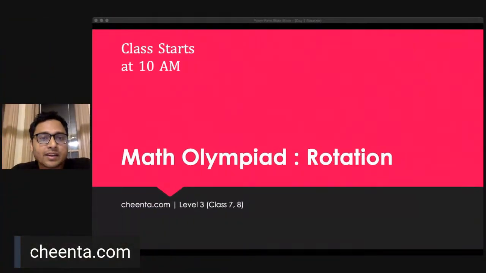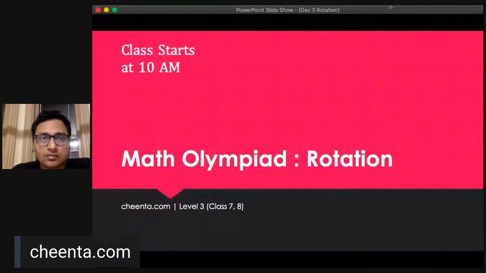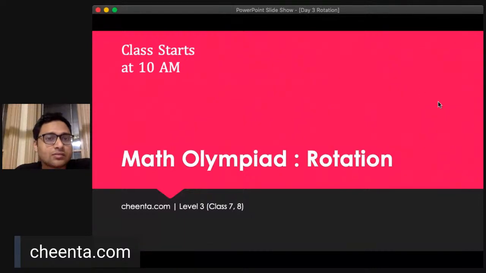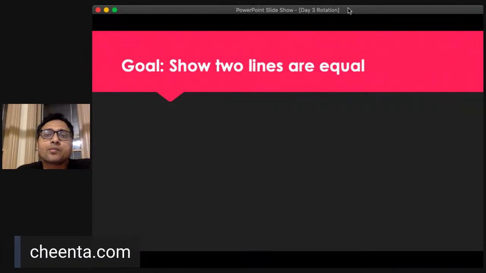So let me go ahead and briefly review what we have already done. This is something that we have already done in class, so you should be able to recall this particular thing. Let me put this slideshow like this. I'll briefly recap that we were working on this particular problem where our goal was to show that two lines are equal.